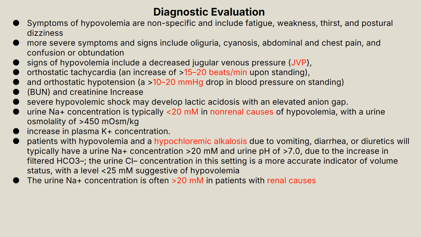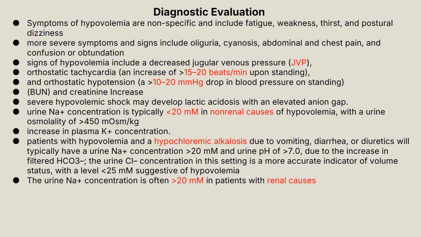And patients with hypovolemia and hypochloremic alkalosis due to vomiting, diarrhea or diuretics will typically have a urine sodium concentration of more than 20 millimoles and urine pH of more than 7 due to the increase in the filtered HCO3. And the urine chloride concentration in this setting is a more accurate indicator of volume status, with a level of less than 25 millimoles suggestive of hypovolemia.